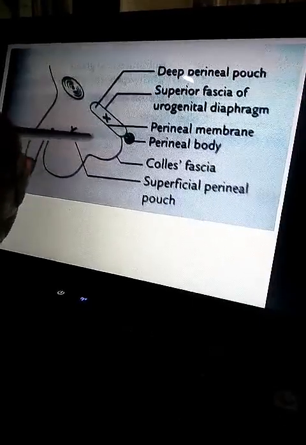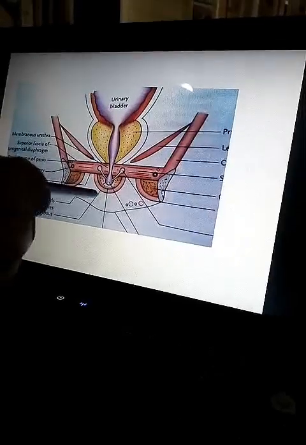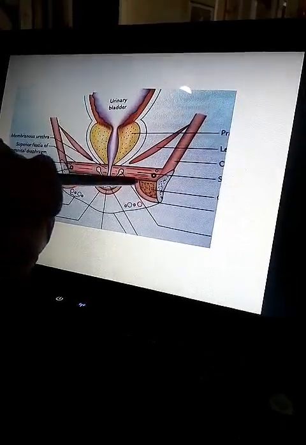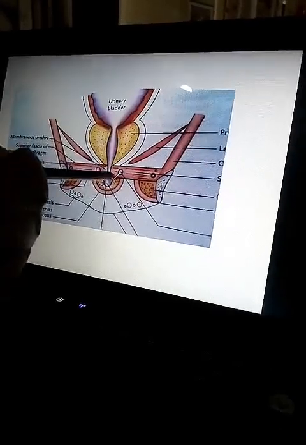This is the superficial perineal pouch that is below the perineal membrane. So this superficial perineal pouch contains the root of the penis.